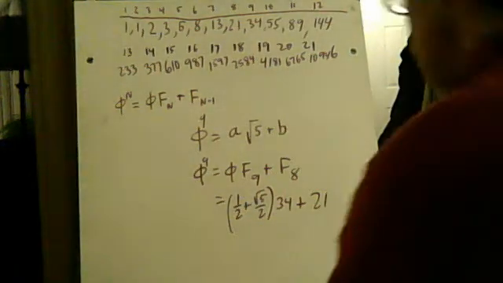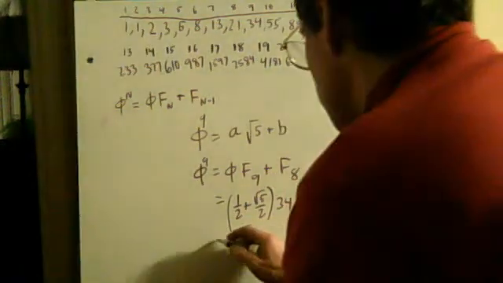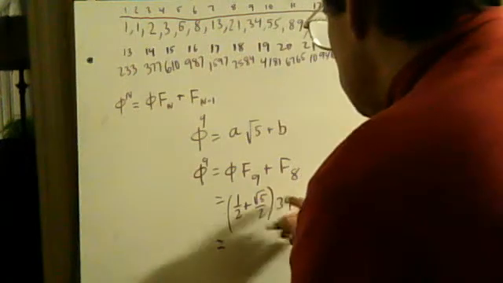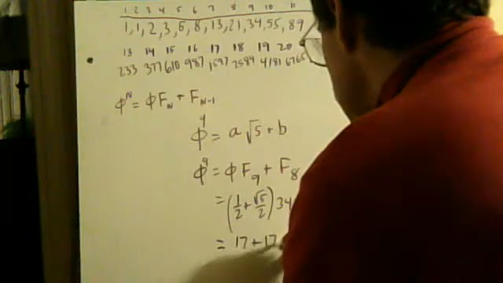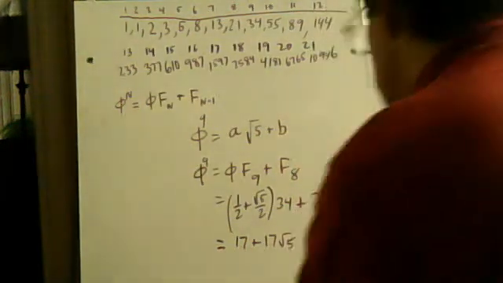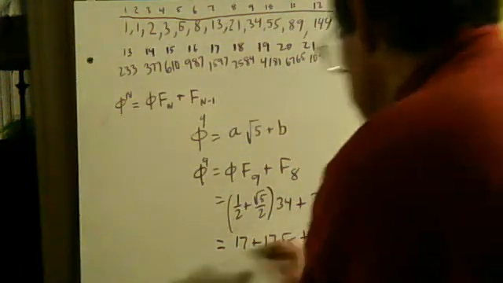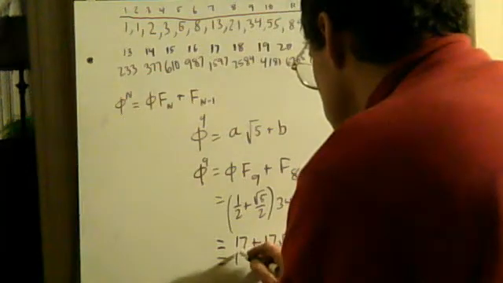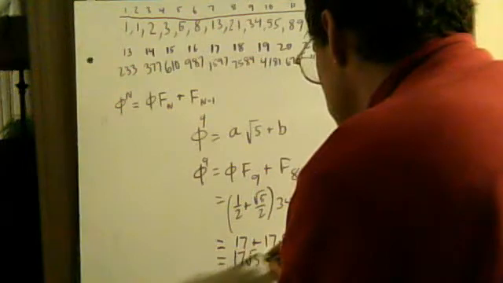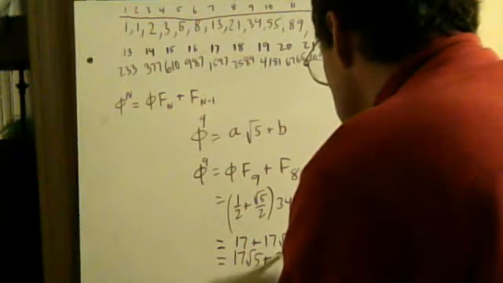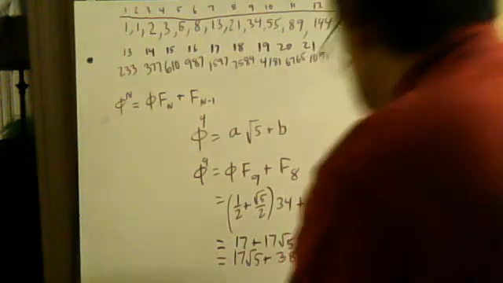So now we have to work on this a little bit. We want to get the 34 into here. That makes 17 plus 17 times the square root of 5 plus 21. That's equal to 17 square root of 5 plus 38.